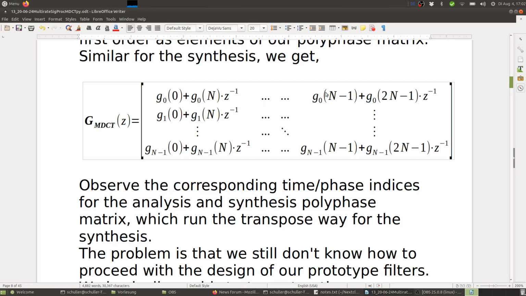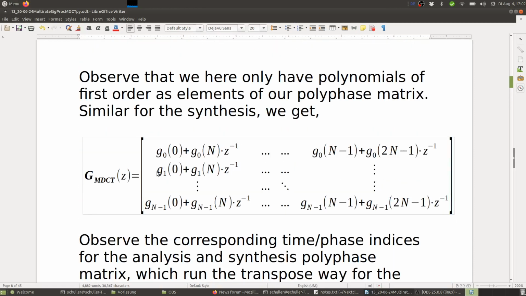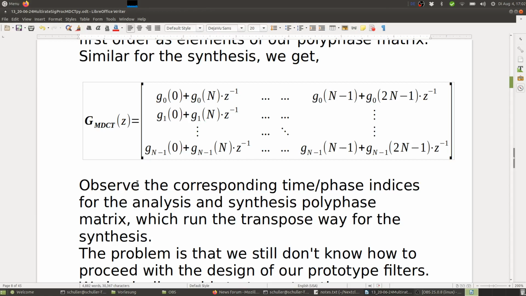So each row contains 1 filter. And here each column contained 1 subband filter. So here first subband, first row, column, and here first subband, first row. Observe the corresponding time or phase indices for the analysis and synthesis polyphase matrix, which run the transpose way for the synthesis. So here you can see it.